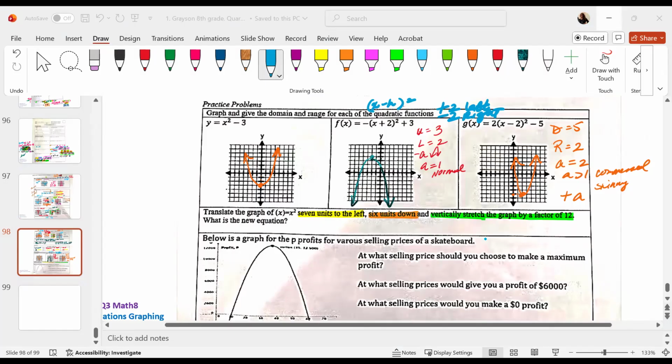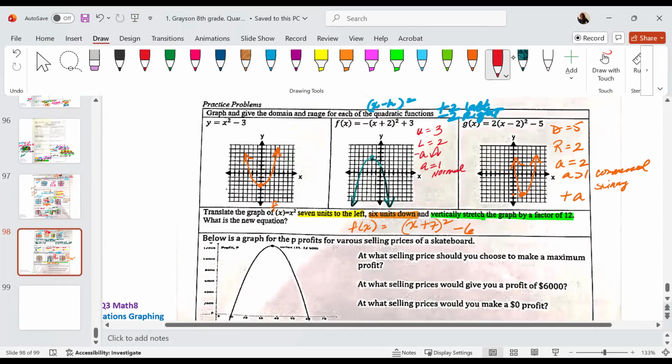So here's the thing. If I were writing this, f of x, he forgot an f right there, f of x is equal to x, 7 units to the left means plus 7 because it's the opposite, correct? 6 down, minus 6. Vertical stretch.